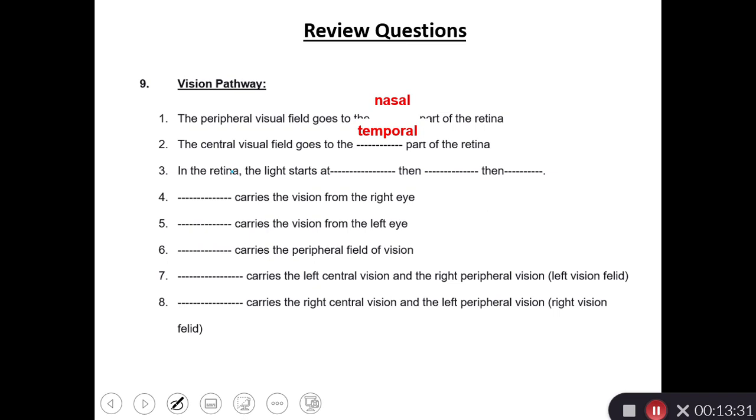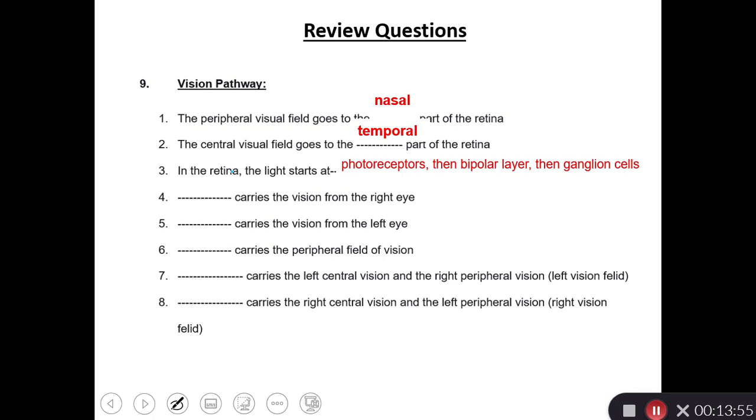Where does the light start stimulating in the retina? It begins at the photoreceptors, rods and cones, then bipolar layer, then ganglion cells, and then the axons of the ganglion cells gather to make the optic nerve.